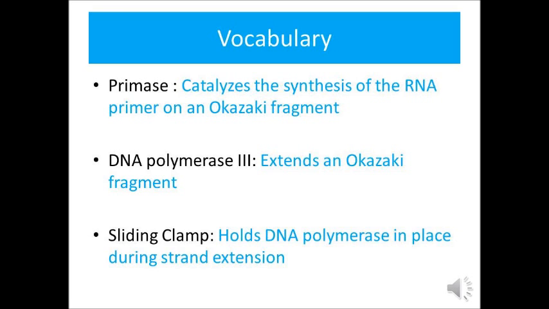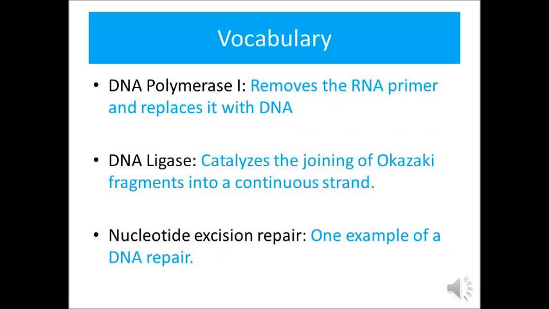You're going to have DNA polymerase 3, which extends the Okazaki fragment. You have a sliding clamp that holds DNA polymerase in place during strand extension, which I didn't really talk about too much, it's just a clamp that holds things in place. DNA polymerase 1 removes RNA primer and replaces it with DNA. DNA ligase is a catalyst joining Okazaki fragments into a continuous strand.